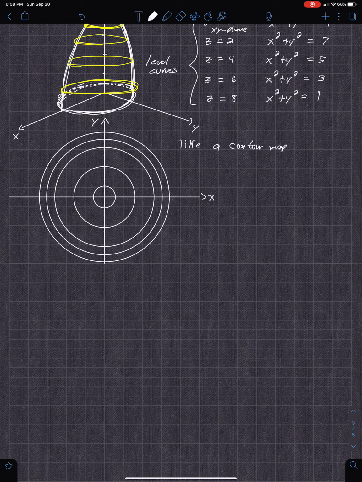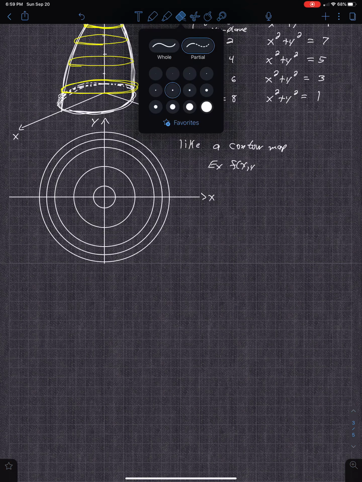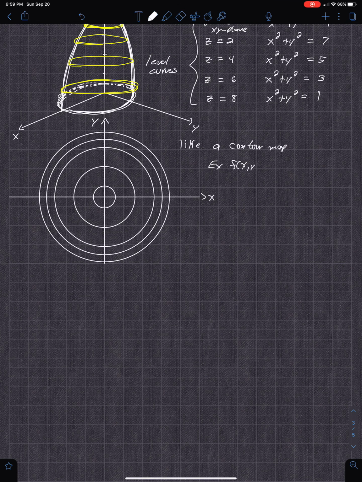Okay. Next, what if you had something like this? Suppose you had f of x, y, z equal to something.